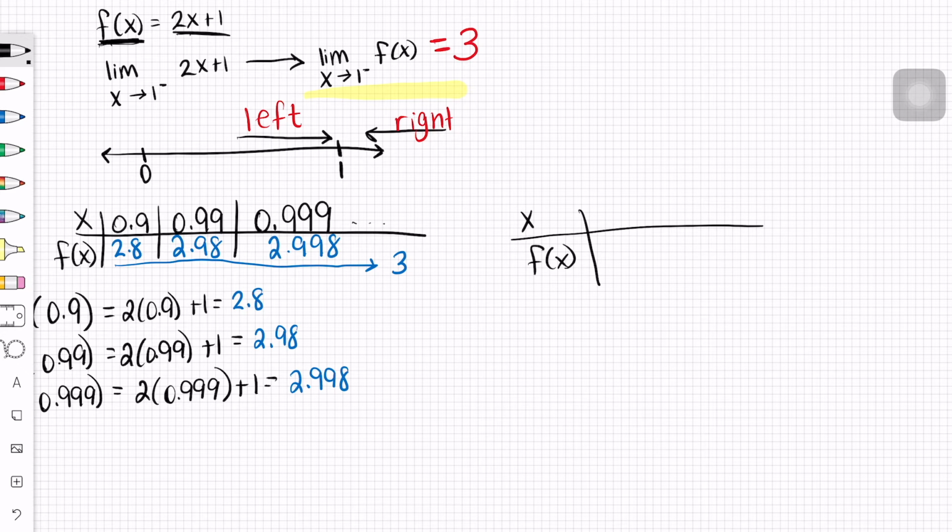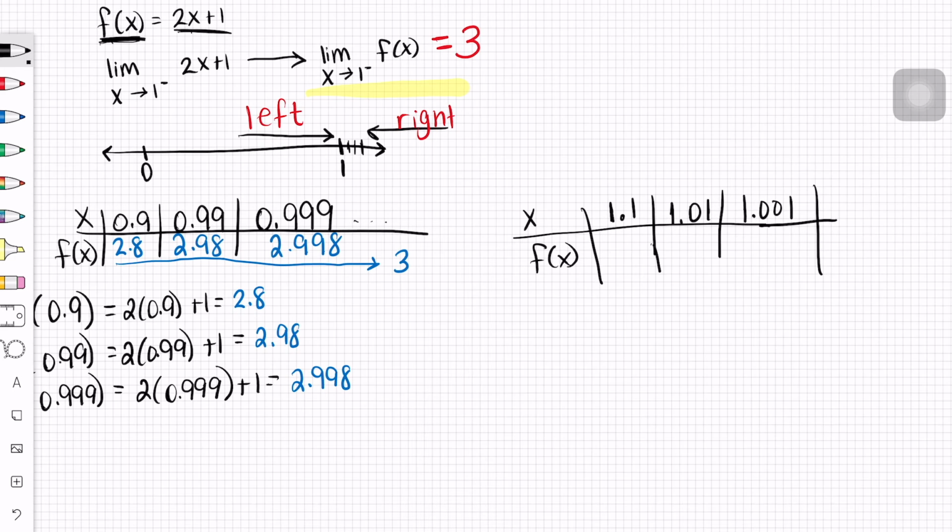This time, I'm going to think about numbers that are getting very close to 1, but from the right side. Some values I could choose would be 1.1, 1.01, 1.001. Again, you could continue this pattern as long as you want, but I think those 3 numbers will suffice.